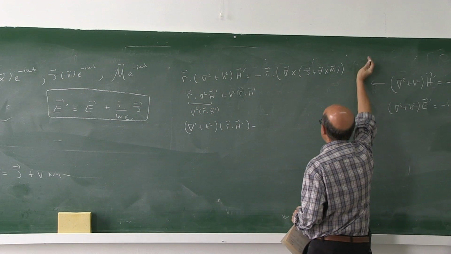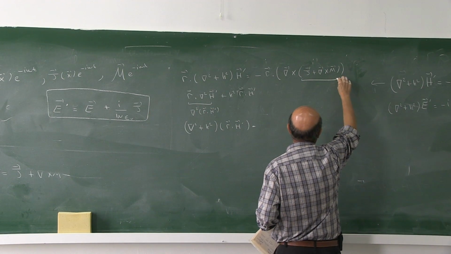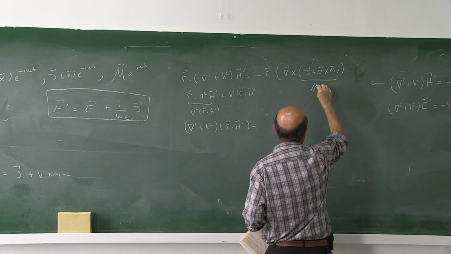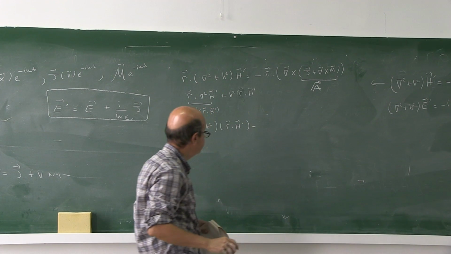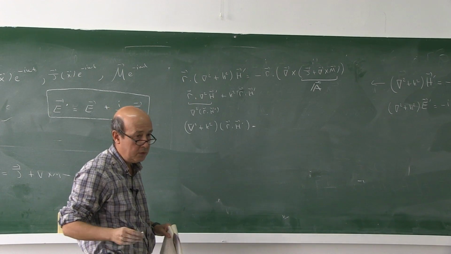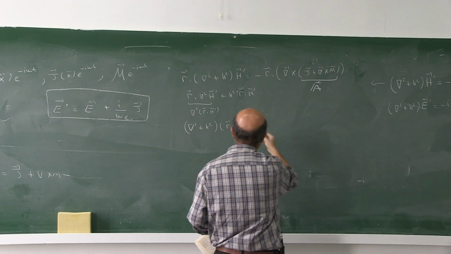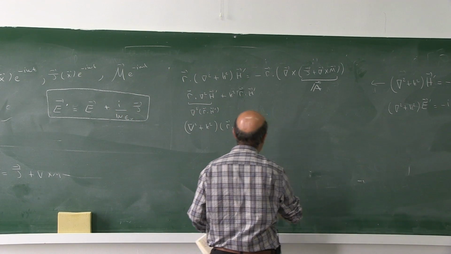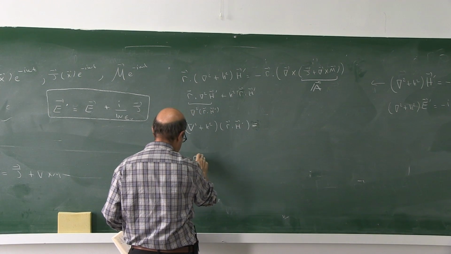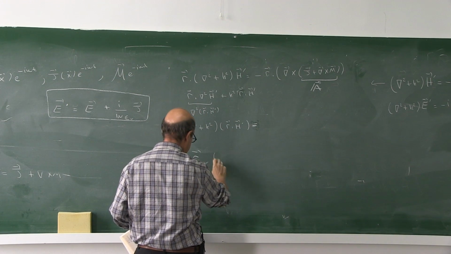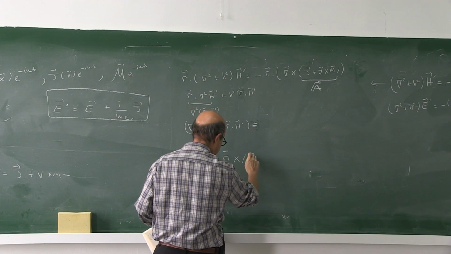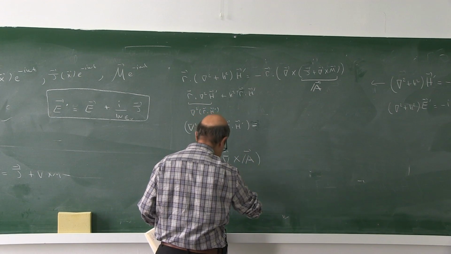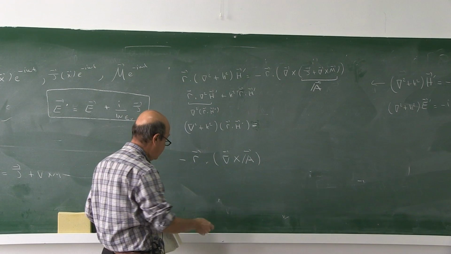If you call this a new vector, let's say A, not a vector potential, just any A. Do you remember also what we have done for that? Minus R dot curl of A. What is this?